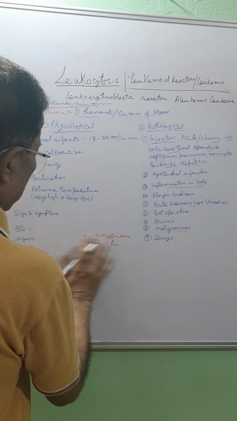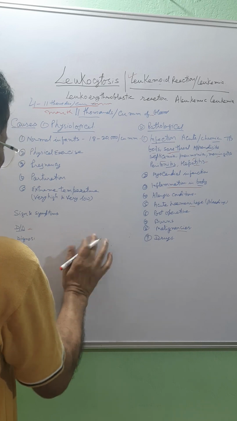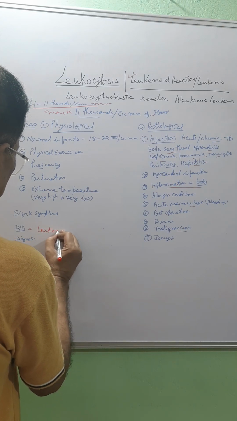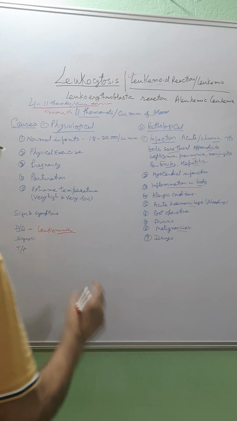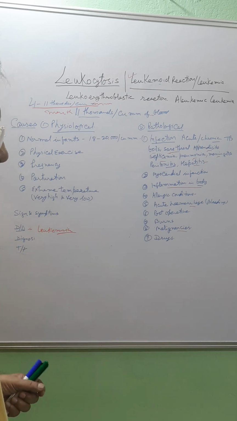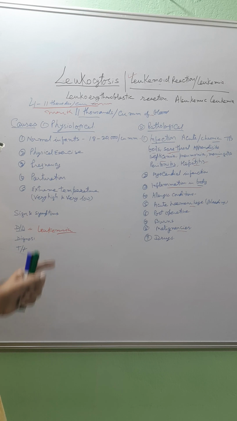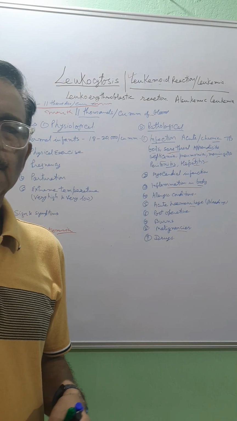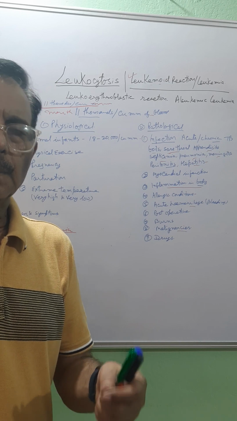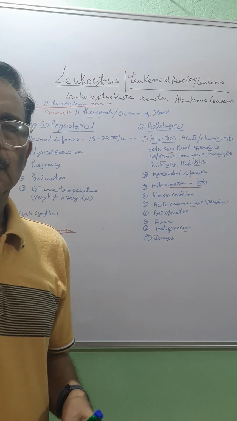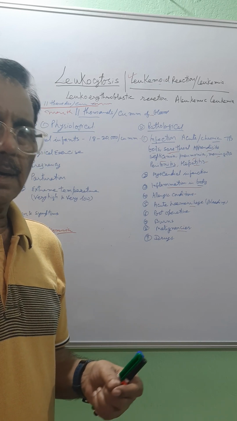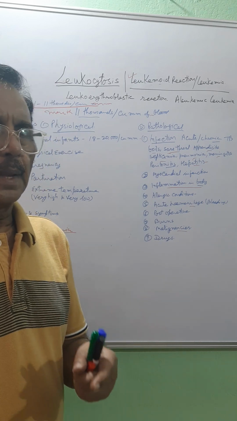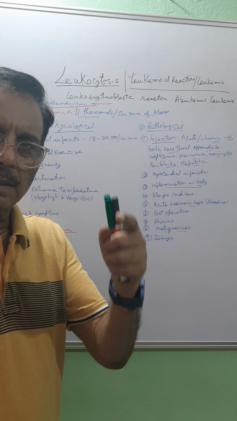Leukemia is a malignant condition of the blood. It is also known as blood cancer. In this case, there is an increased number of WBC, it may be up to 1 lakh or above per cubic millimeter of blood, and for differential diagnosis, the leukocyte alkaline phosphatase is reduced.